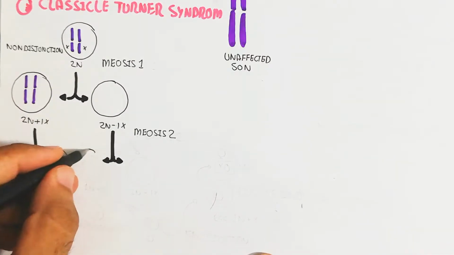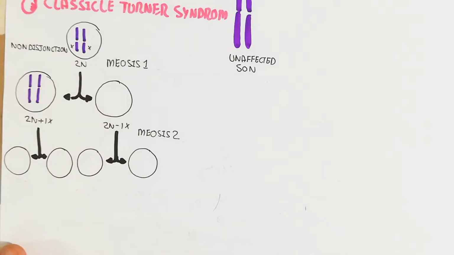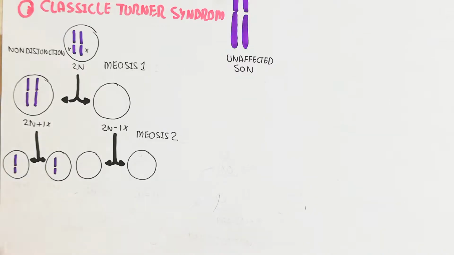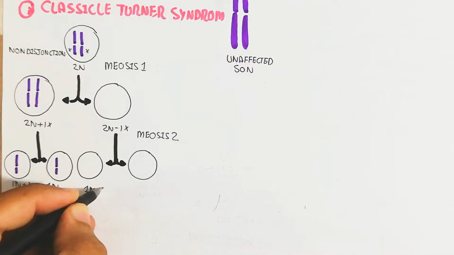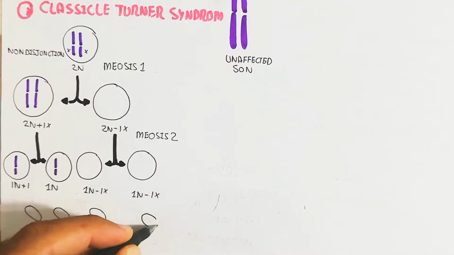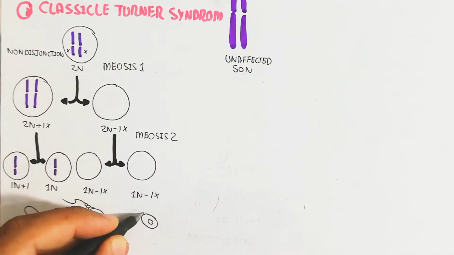So in this way meiosis 2 will produce 1n plus an additional X chromosome, while the other will be 1n minus the X chromosome. In this way the X chromosome will be missed.